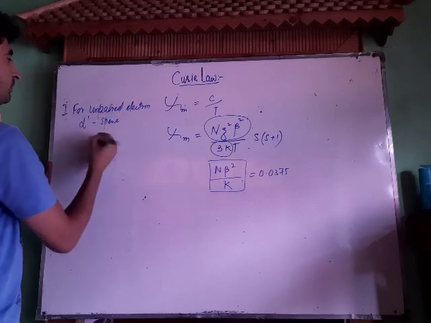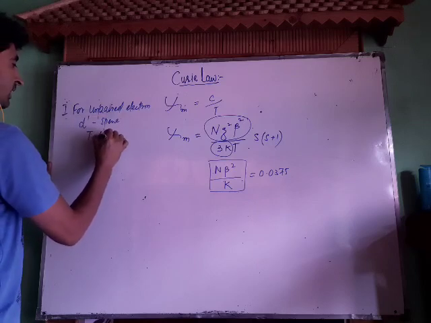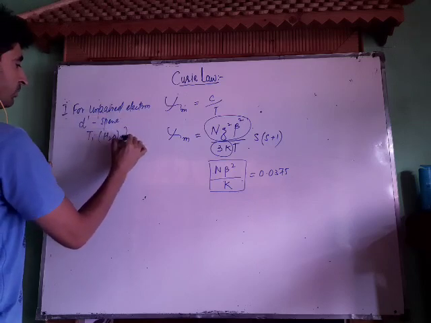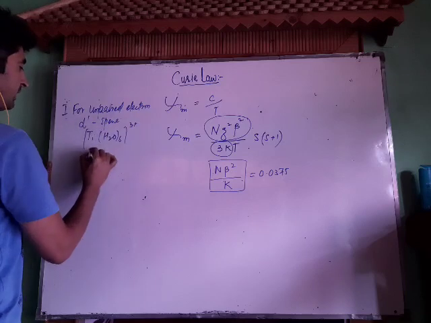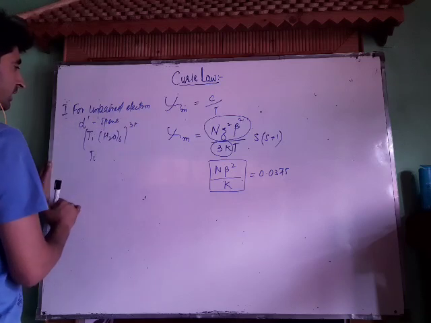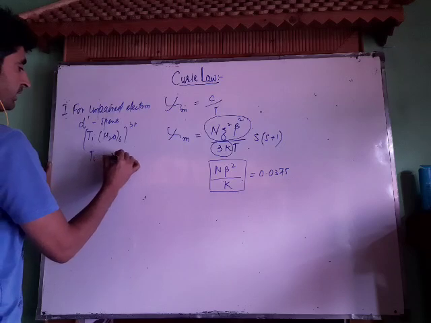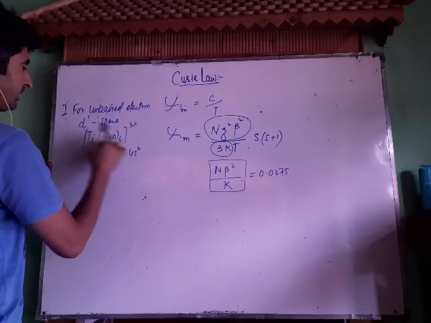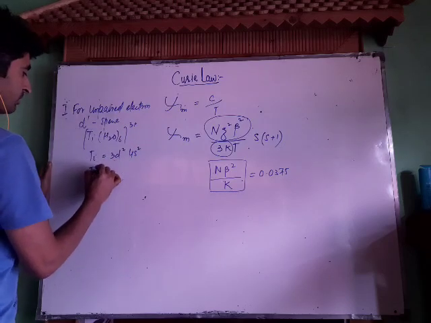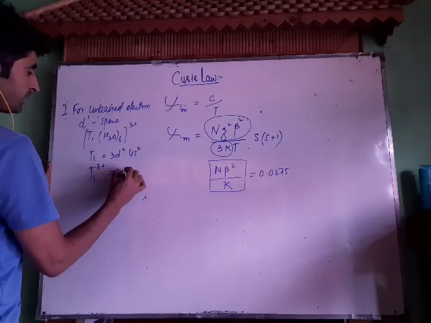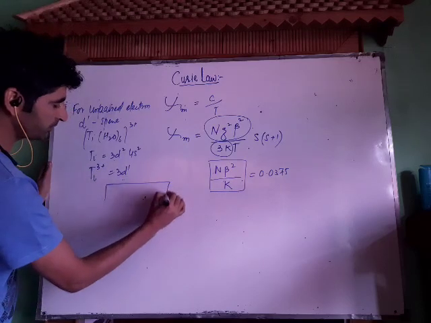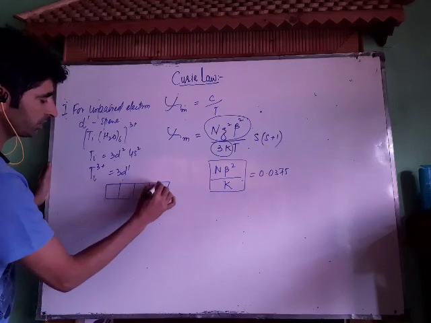A d1 species means, for example, we have the complex titanium hexaaqua 3 plus. In this case, titanium is in +3 oxidation state. Titanium has 3d2 4s2 configuration, but it is in +3 oxidation state. Therefore, it is a 3d1 species.